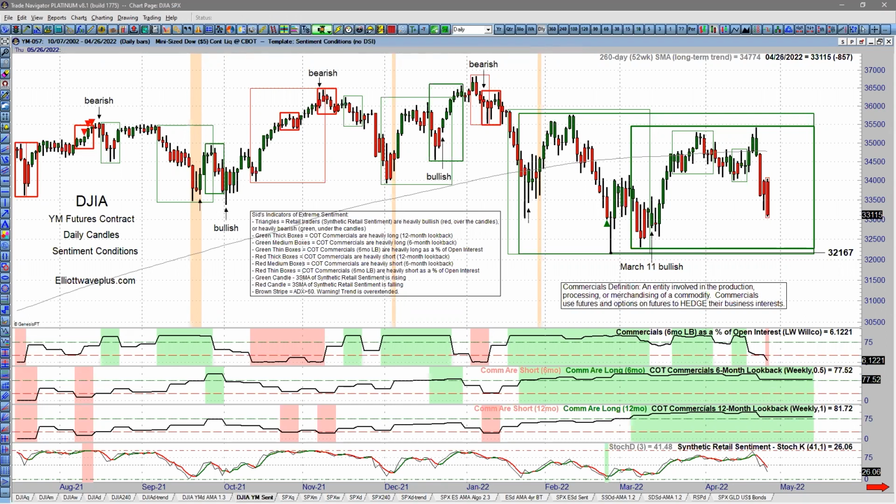The look back means, for instance, on a 6-month look back, this is showing you on a scale how commercials are positioned, generally on the long side, compared with their most bearish and most bullish positioning over the last 6 months.